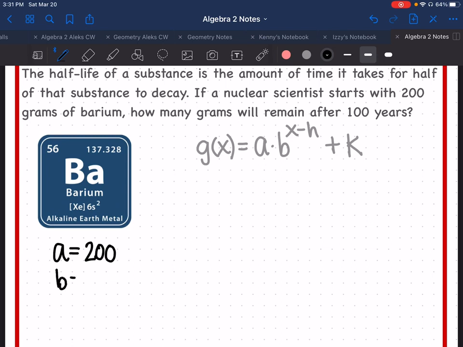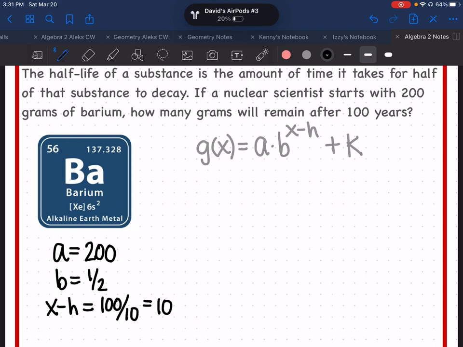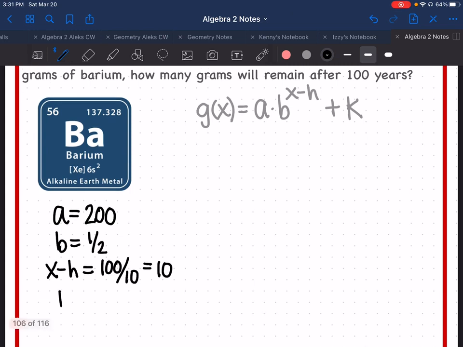B is going to be my base, which is the half-life, so it's 1/2. X minus H is my rate, and so that's 100 divided by 10, or 10. Okay, it's the 100 years, but remember every 10 years is when it goes in half. So I had to divide the 100 years by the 10 that it takes to go in half. And of course, there is no K in this case.